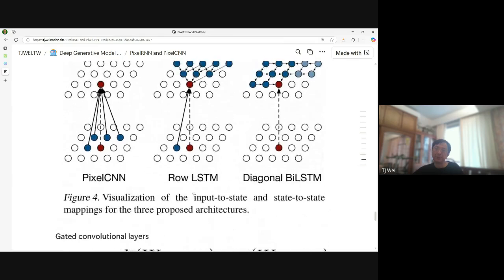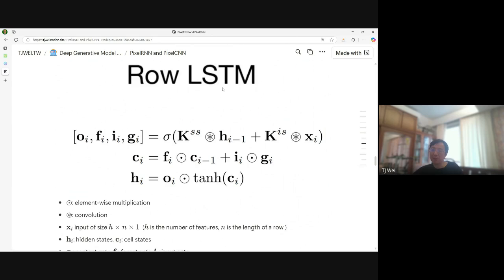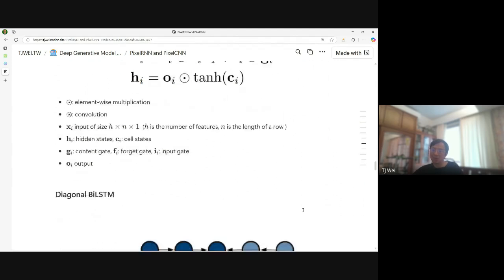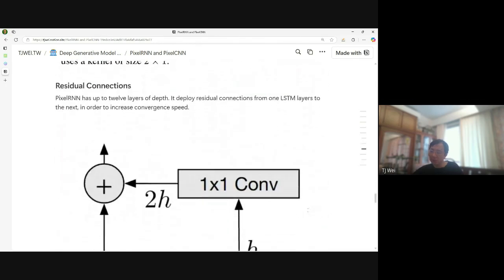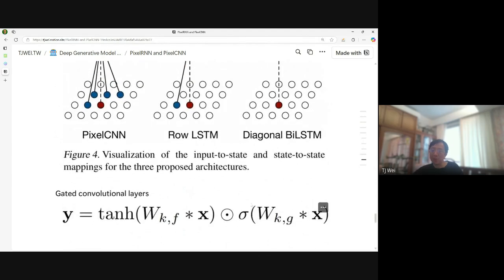You can see in the formula of the LSTM, the original LSTM, there are a lot of different gates, like the forget gate, output gate, and input gate, and they use element-wise multiplication with the gate to do things. So maybe this is where the magic happens.